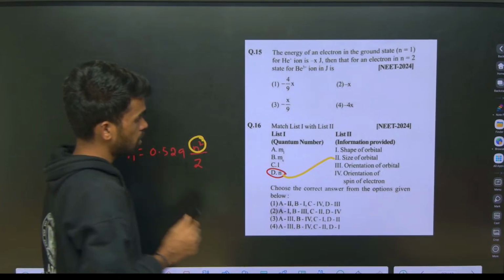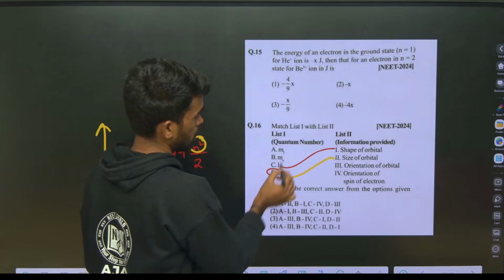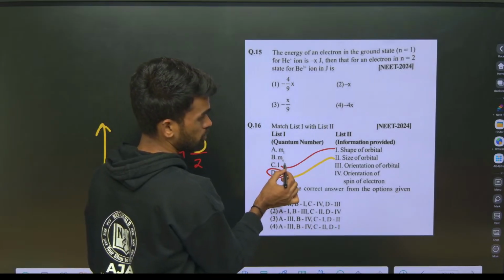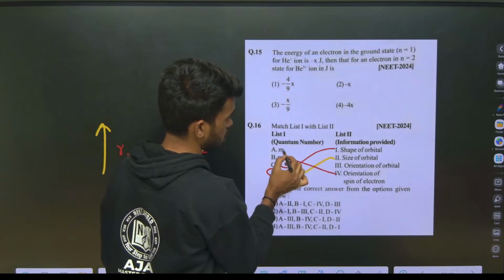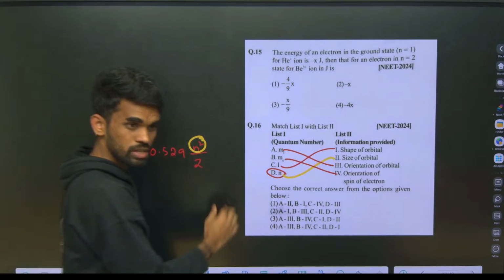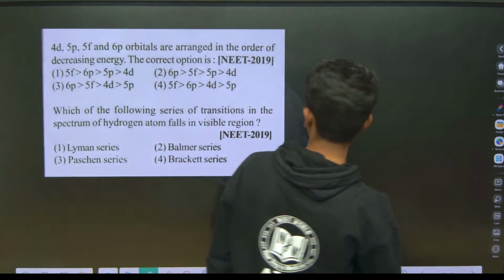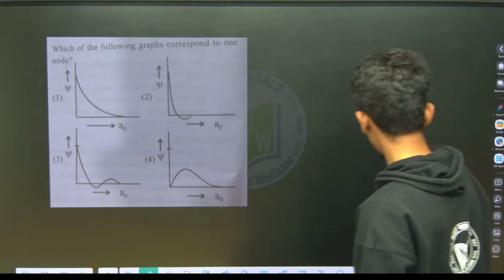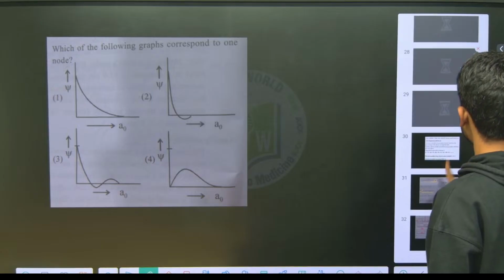L gives the shape of the orbital. Next, ml gives the orientation of the orbital, and ms gives the orientation of spin of the electron. That's it. Whatever you can choose there. Next, these things we will be solving today. So before that you need to know a few more things here.